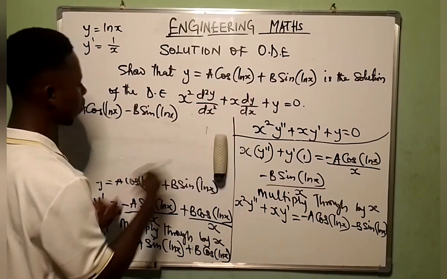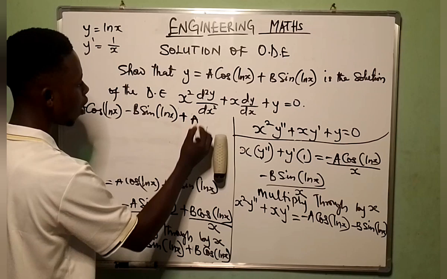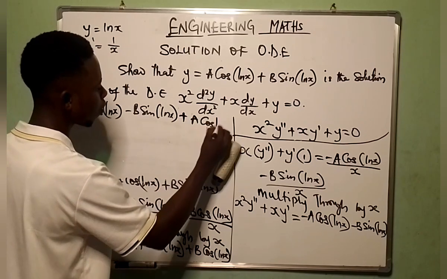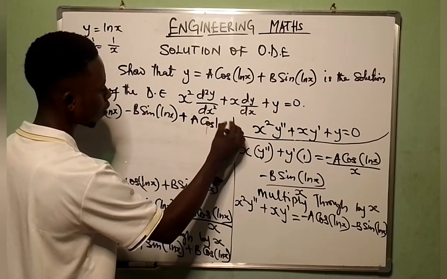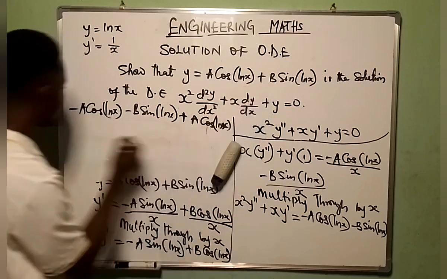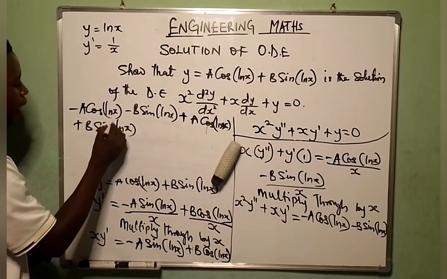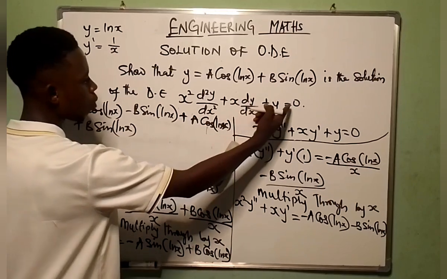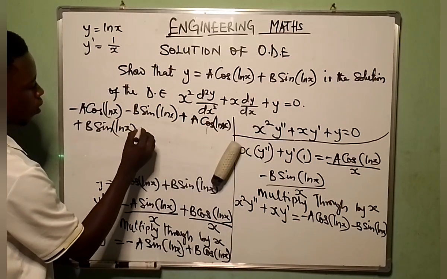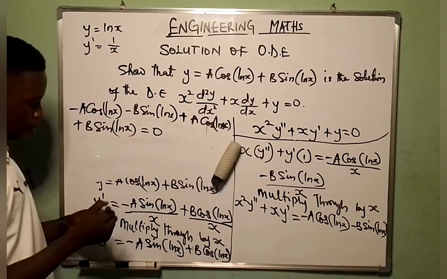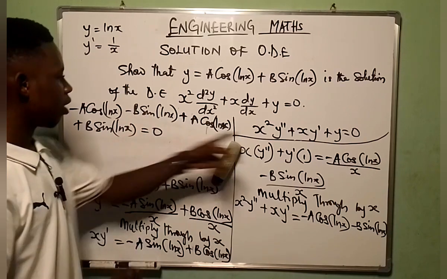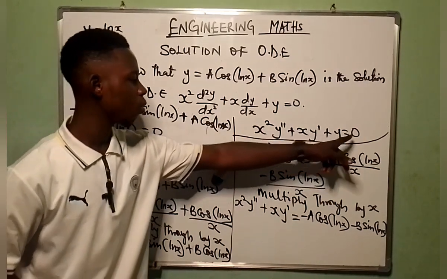Now we are going to add a cos ln x plus b sin ln x, equal to 0, because what we did here is the combination of all this equal to 0.